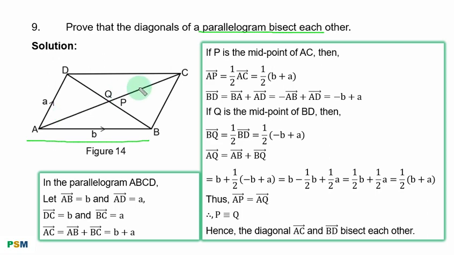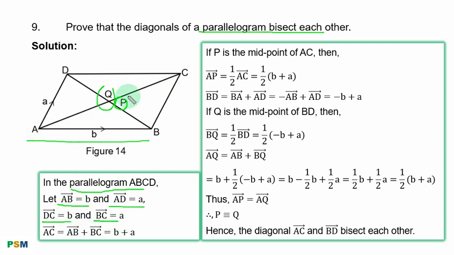For AC, the midpoint is P, and for BD, the midpoint is Q. In the parallelogram ABCD, let AB equal b and AD equal a. And because AB is equal to CD, we have it that vector DC is equal to b and BC is also equal to a.